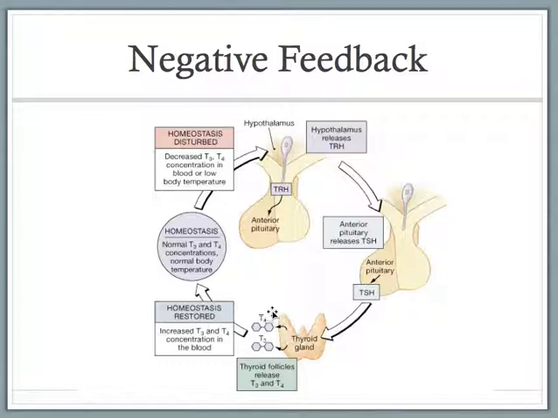T3 and T4 are liberated from the colloid, digested off of their backbones, go in the blood, and then hopefully are just released until we have homeostasis reached. And then, hopefully, that feedback turns off release and we get thyrotropin release inhibiting hormone. And that is everything you should know for this class about the thyroid.